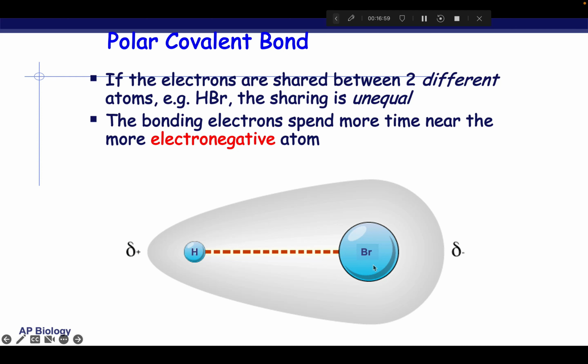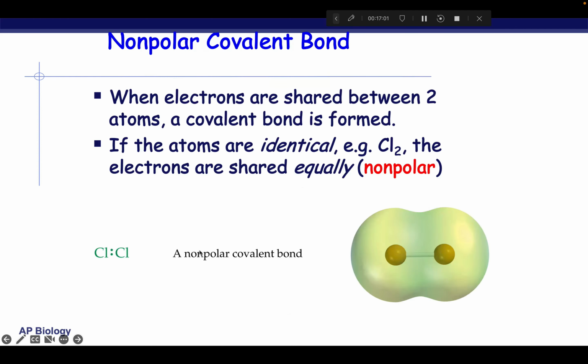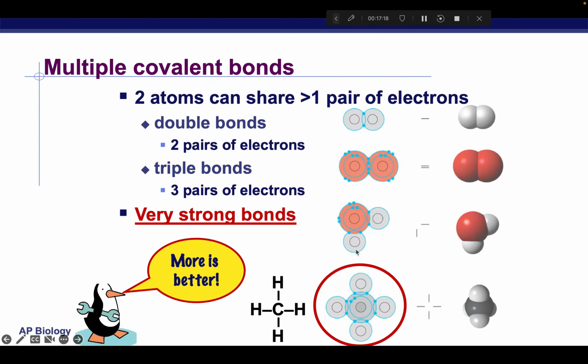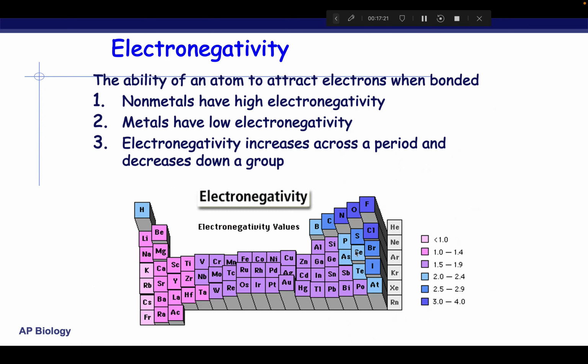So here's bromine, here's hydrogen. If we go back to that periodic table, bromine is right here. Hydrogen is right here. If we notice, they have a difference in electronegativity. Bromine is more electronegative.